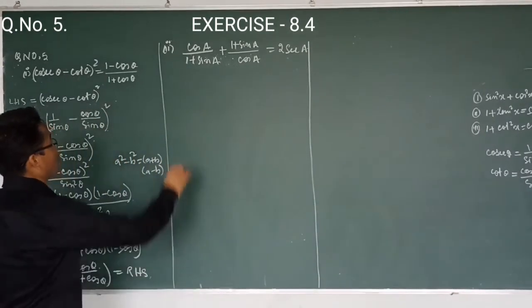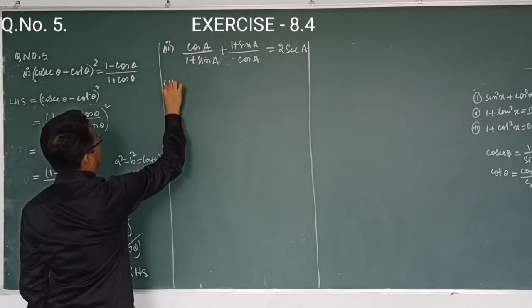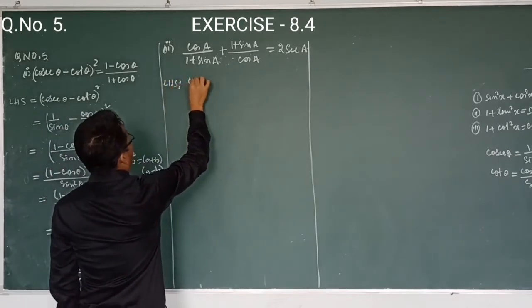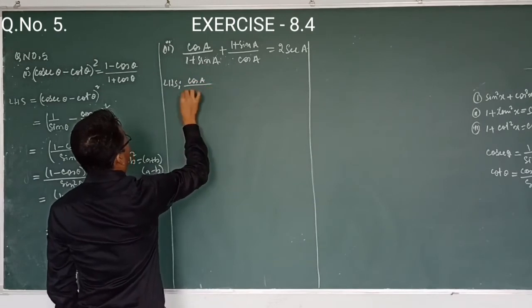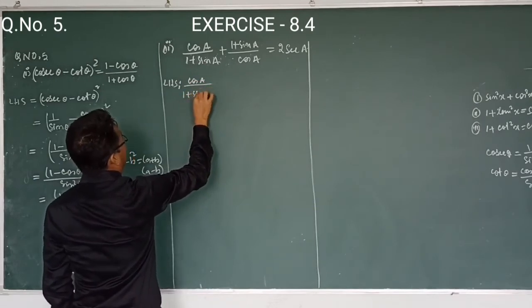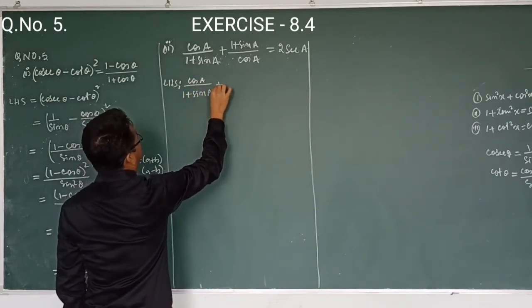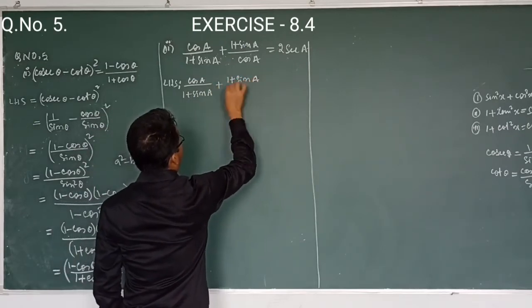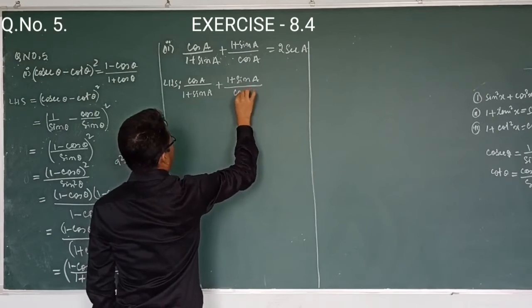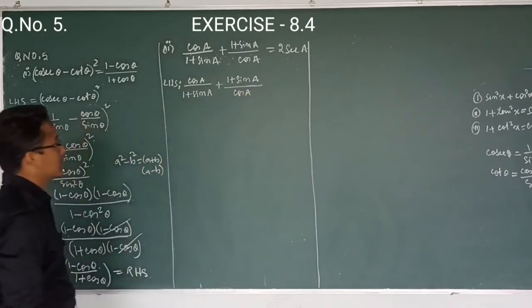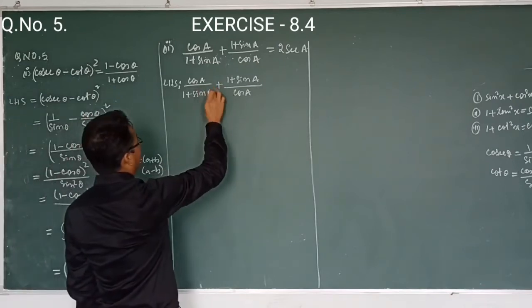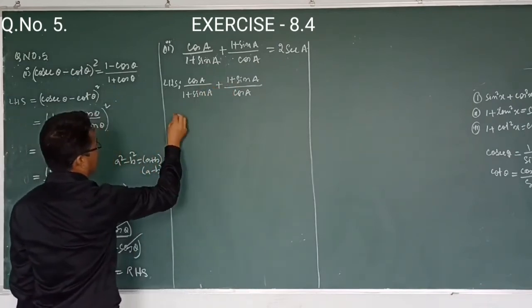We take again the left hand side, which is cos A by (1 plus sin A) plus (1 plus sin A) by cos A. Now what can we do? We simplify by taking the LCM.